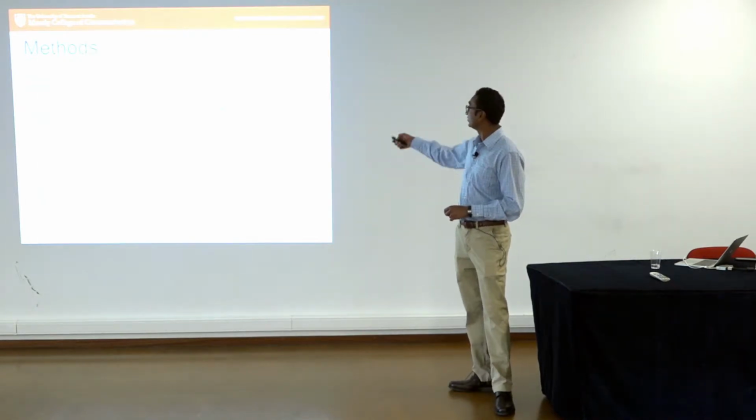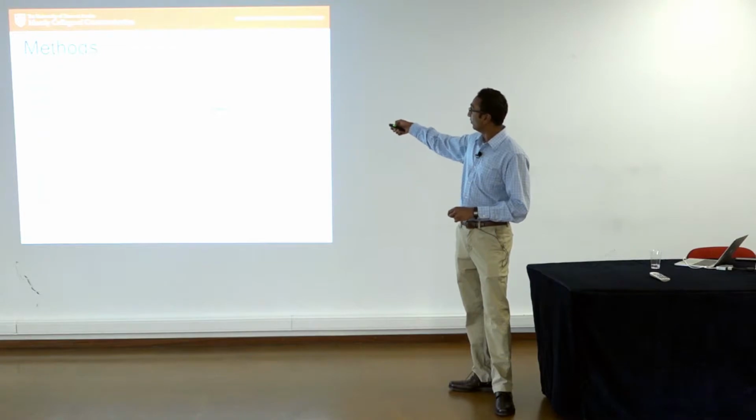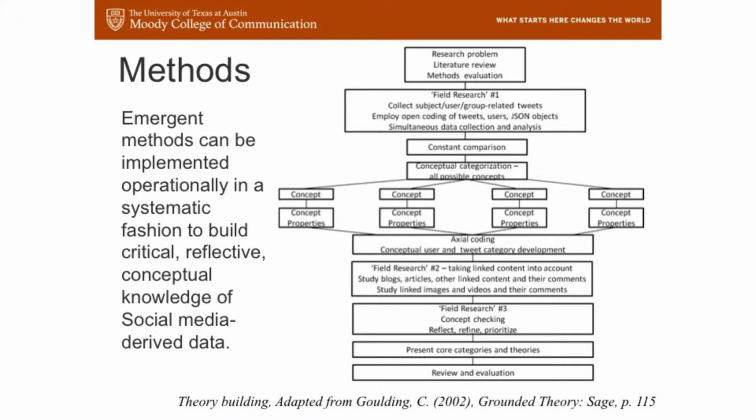So the idea is you start out right here with collecting data, right? In this case, I have tweets, JSON data that's coming the way Twitter delivers its tweet data, and then going through here and actually going through iterations where I'm trying to develop concepts that are emerging from looking through a sample of tweets.